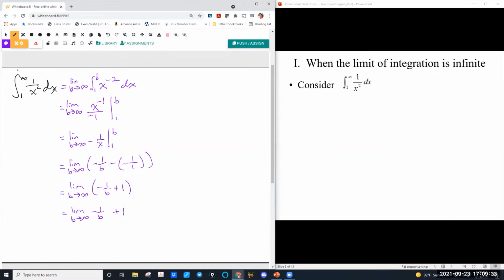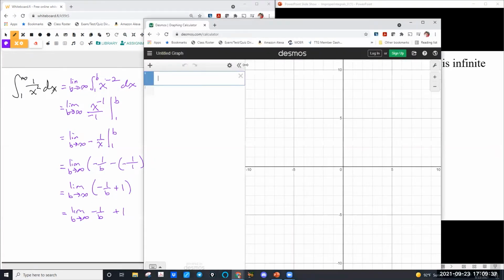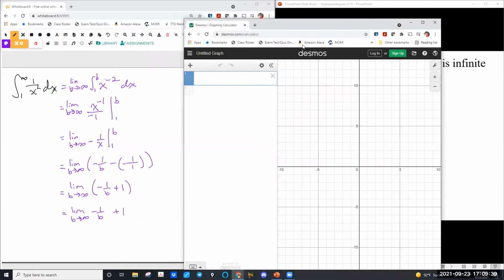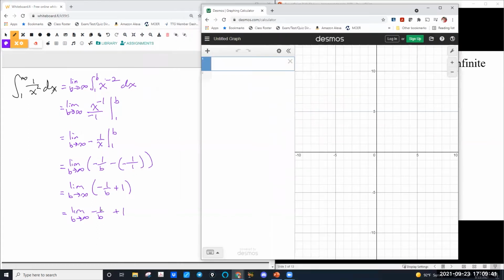Okay, let's say we didn't know that. Guys, you can use a graph to help you out. Put it up here in Desmos. Graph the function. So here I'll use x, y equals negative 1 over x.